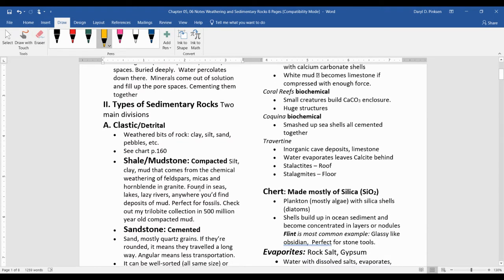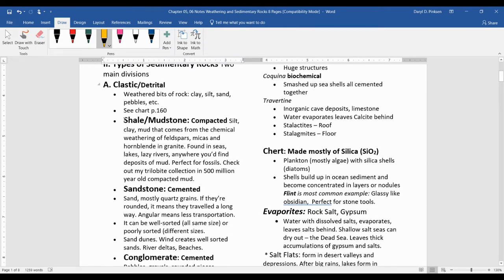The sedimentary rocks are divided into two types. We have our clastic, and this is mud, sand, pebbles, stones, all of this stuff will turn into something called clastic sedimentary rocks. The book calls it detrital, but it's the same thing. The shales are what happens when you have mud that turns into sedimentary rock.